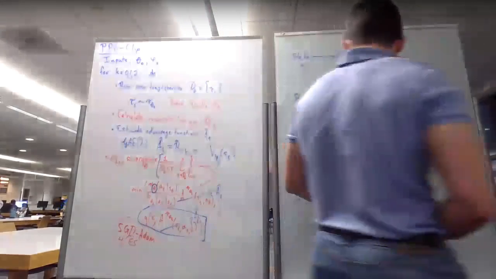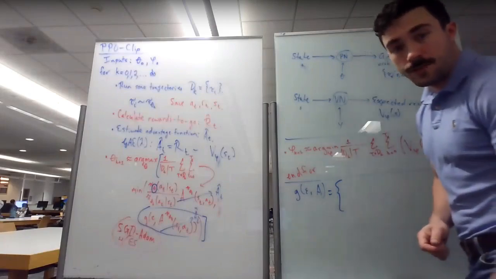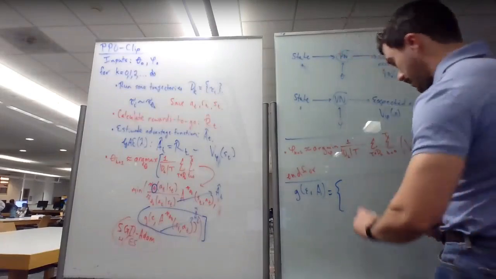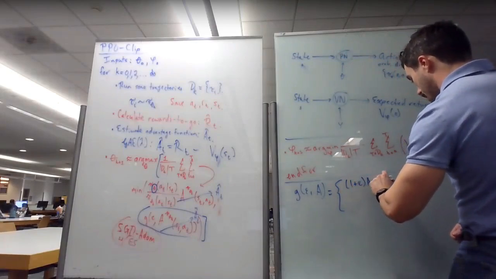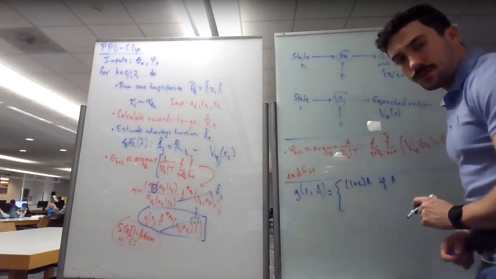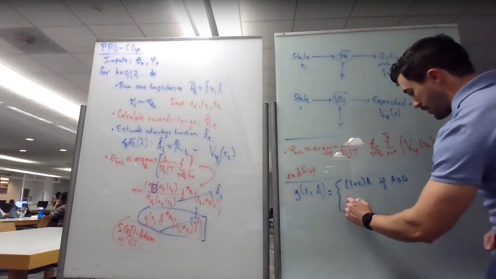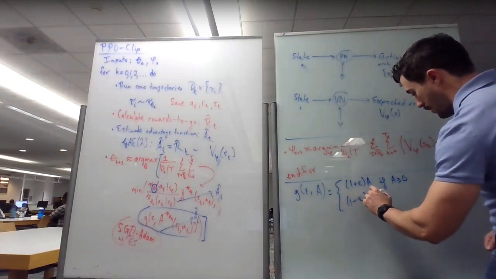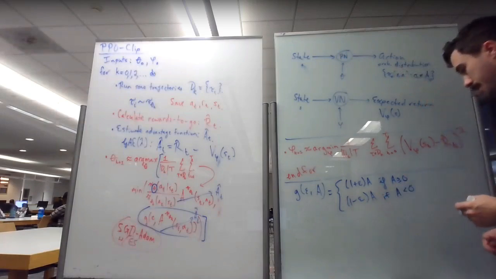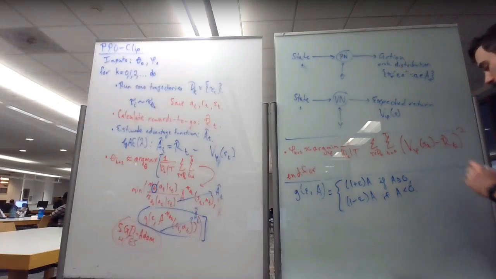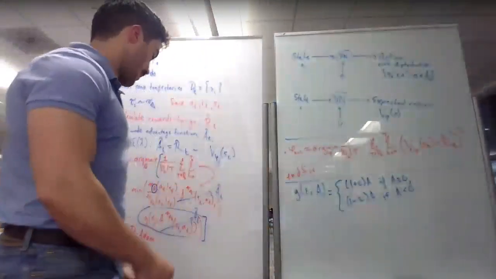This is going to be defined as a piecewise function of A. So it's 1 plus epsilon times A if A is non-negative, and otherwise it's 1 minus epsilon times A if A is negative. That's it. That's all there is.